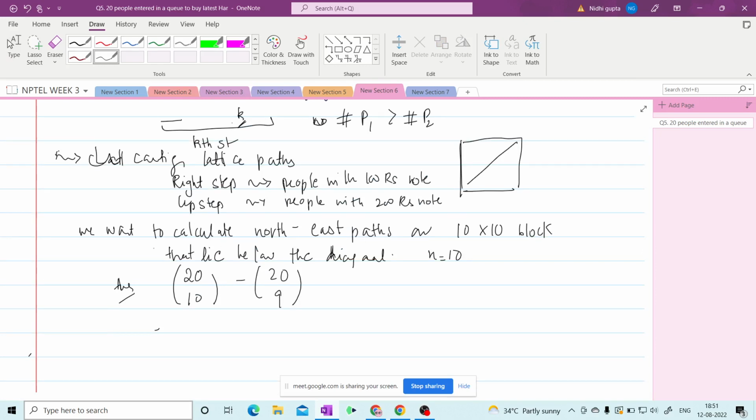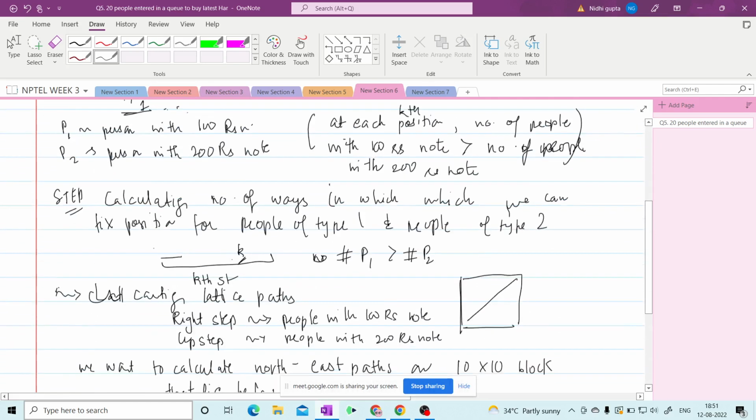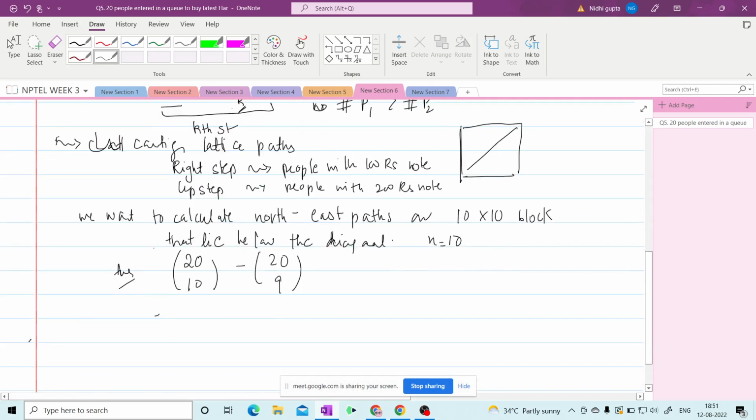But are we done? We have to find the linear arrangements, right? Right now we have the number of arrangements of 20 people where the number of people of type 1 will always be greater than people of type 2 at each kth stage.